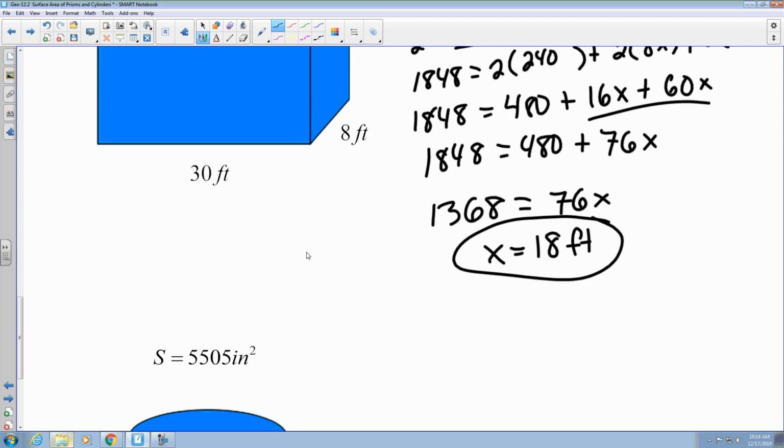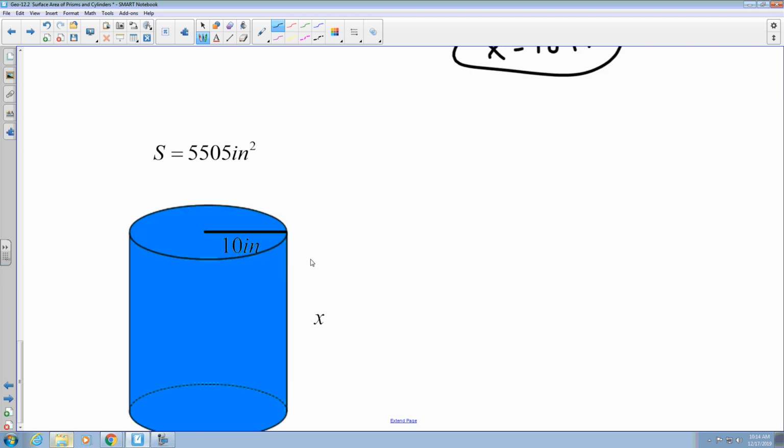If we look at this value here, we have a surface area of 5,505 square inches. So now, actually, let's do this. Surface area is 5,505.